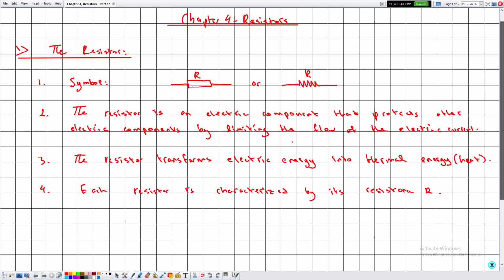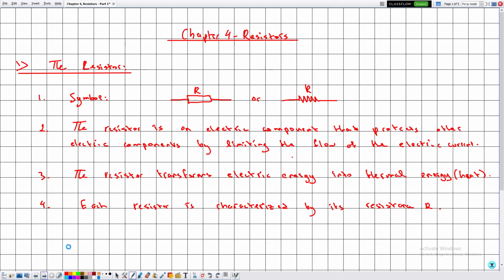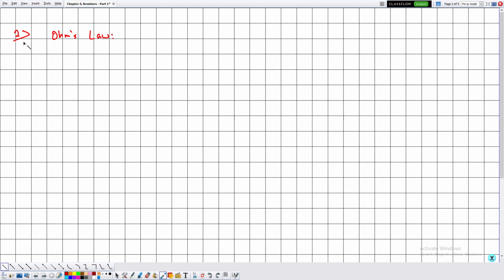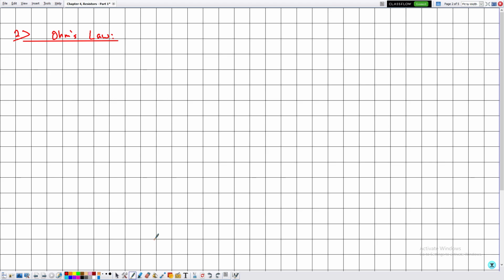And now let me directly move on to section number 2, which is given by Ohm's law. Now suppose here we have the following electric component, which is the resistor.